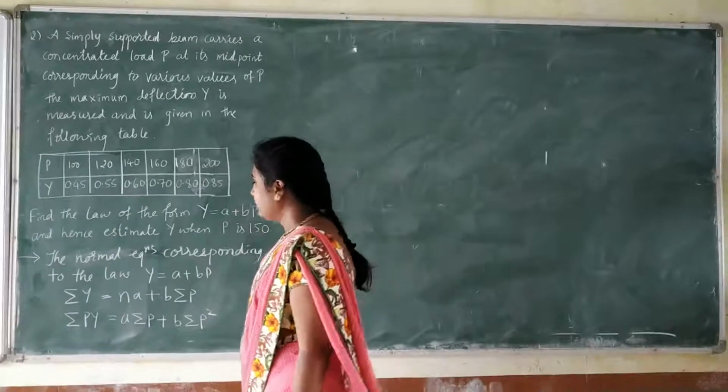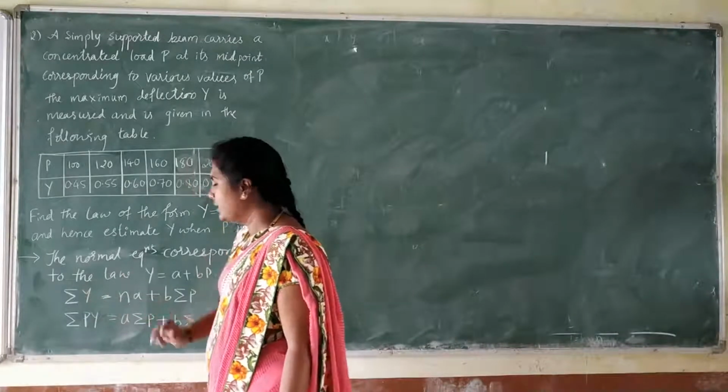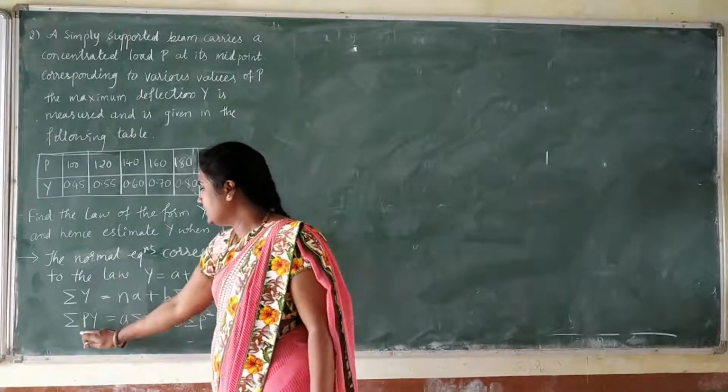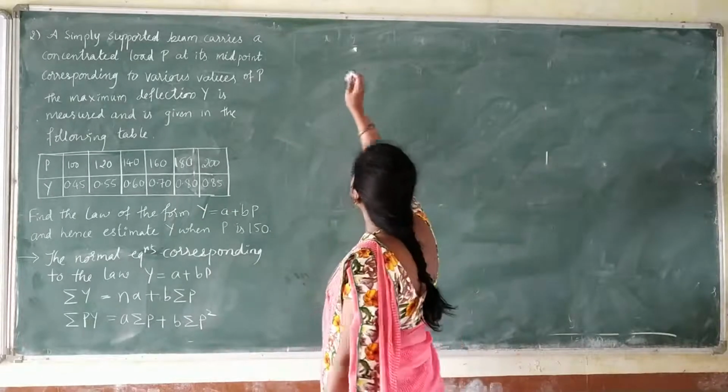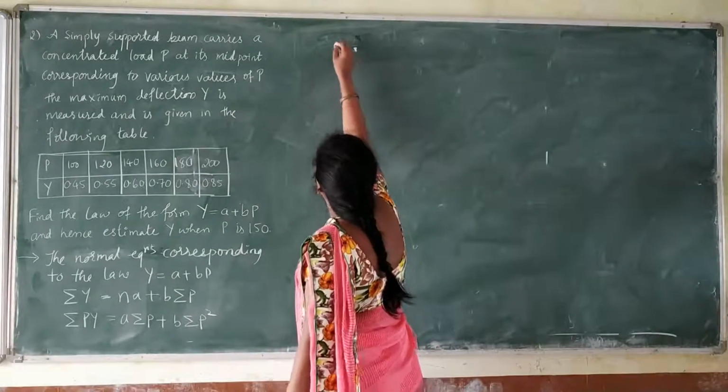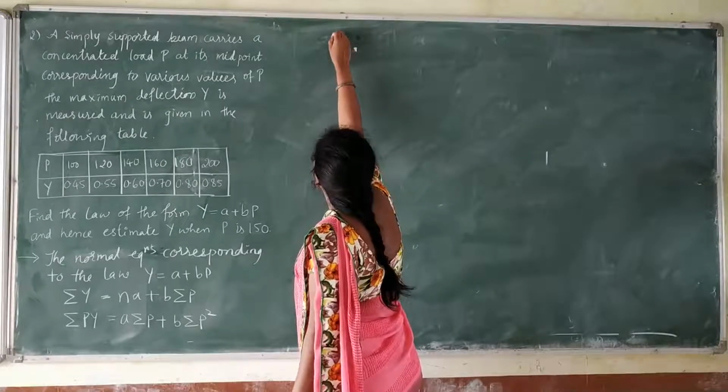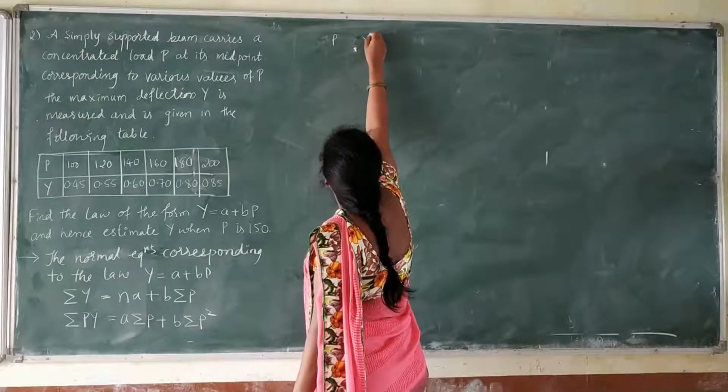It means here we first need to find summation of Y, summation of P, summation of PY and summation of P square. Let us find all these by a table.